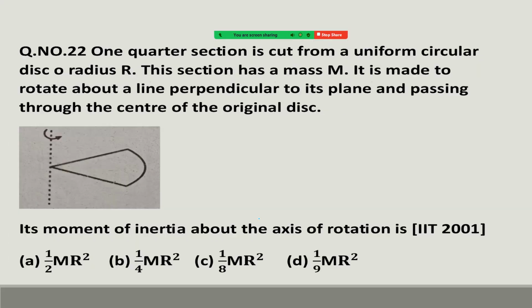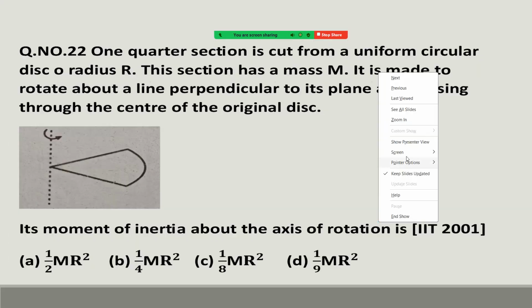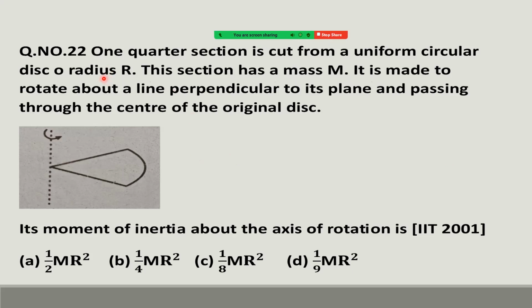Let us take the next one. Right. A quarter section is cut from a uniform circular disc of radius r. This section has a mass m.